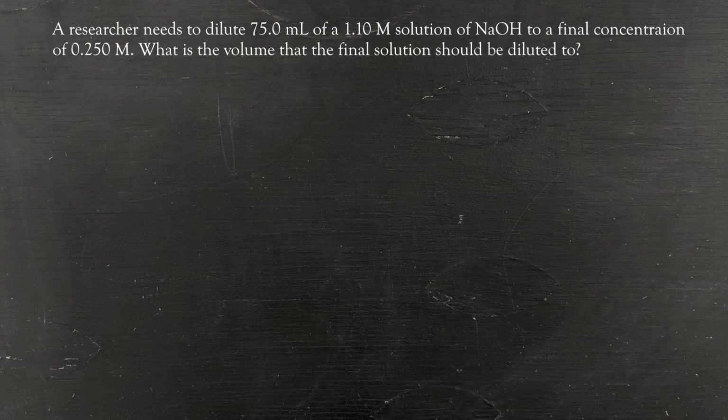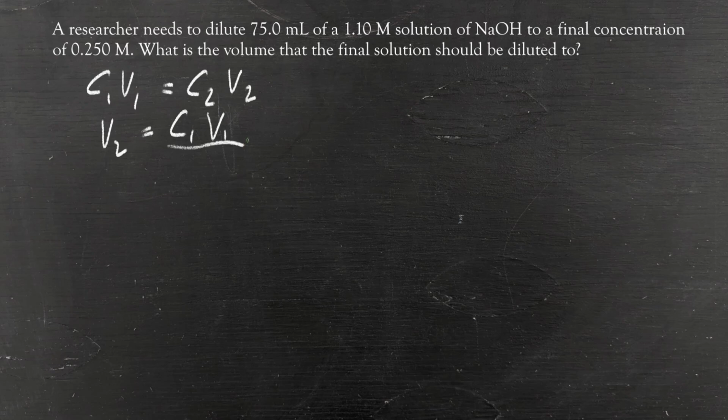We're going to use the same formula as before, that the initial concentration times the initial volume equals the final concentration times the final volume. But this time, we'll rearrange it so that we'll find the final volume, which is equal to the initial concentration times the initial volume divided by the final concentration. Using the values that have been given to us, we have a 1.10 molar solution with a volume of 75.0 milliliters.